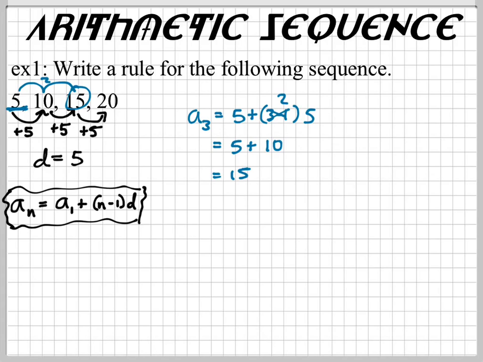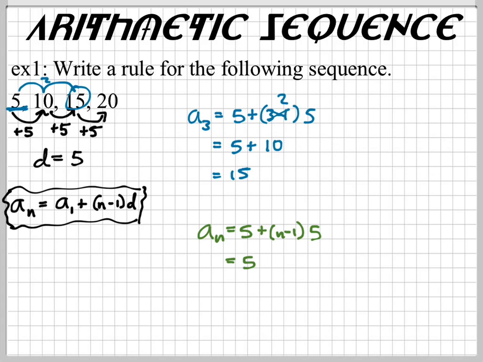Now, to actually write our general term for this sequence, let's write it out with the n. We have a sub n equals 5, because that's our first term, plus n minus 1. You keep the n because this is for the general term. Then we plug in the d, the common difference, times 5, and then we simplify.